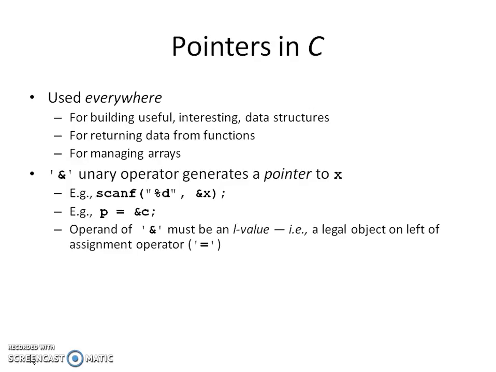To represent the pointer, we use a prefix ampersand with the variable. If you want to know the pointer of variable x, we need ampersand x. For getting the value of the integer x, we use the address of x, because we are storing the value in that particular address.